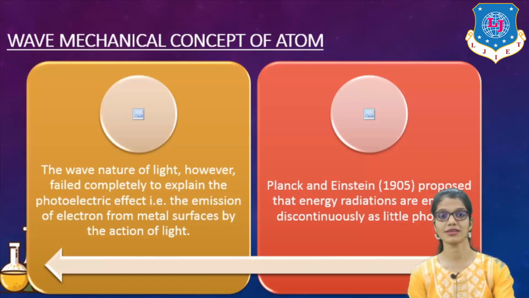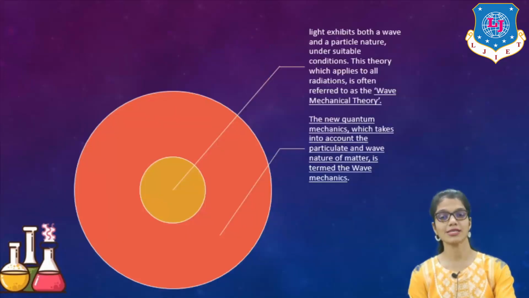So here comes the particulate nature. Now, when both combine together, light exhibits both a wave nature as well as a particle nature. This theory, which applies to all radiations, is often referred to as the wave mechanical theory.